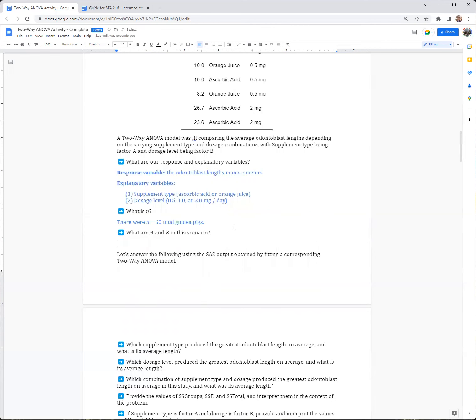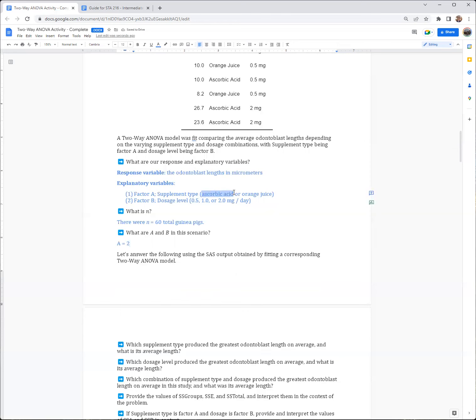What are A and B in this scenario? So we say that factor A is the supplement type and factor B is the dosage level. But notation-wise in two-way ANOVA, when people say capital A, they're referring to the number of subgroups or number of levels of factor A. In this case, that's 2.